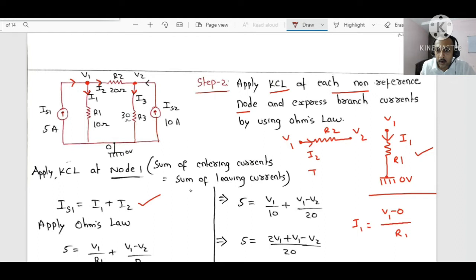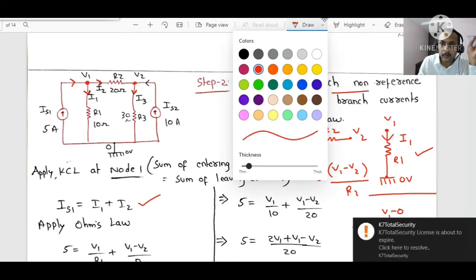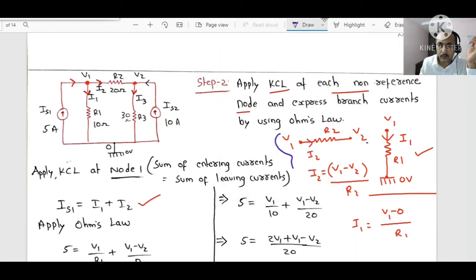If somebody asks you the value of I2, what should you write? We have to consider the voltage drop across R2. That is where most of the students commit the mistake. The voltage across R2 is the difference V1 minus V2, divided by R2.